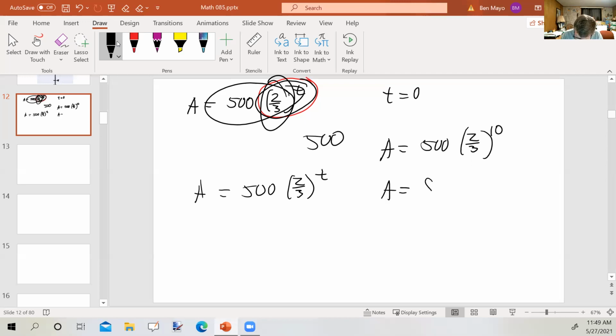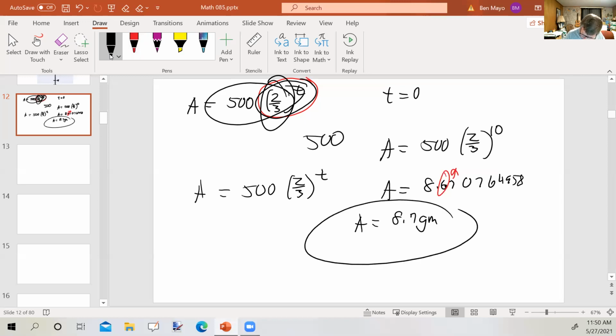And we get 8.67076495 on and on. And it says round to the nearest 10th of a gram. So this is the 10th, the 7 would round up. So we've got approximately 8.7 grams. Okay, so the substance over 10 years decayed considerably, didn't it?